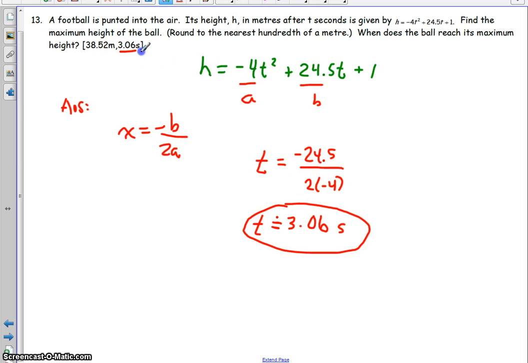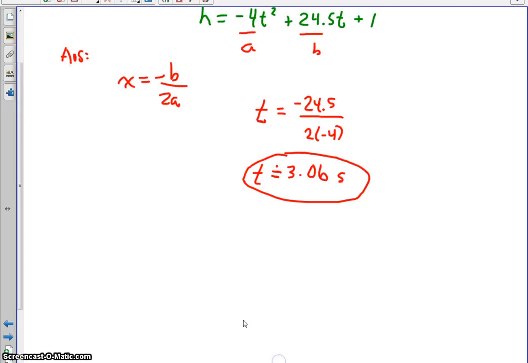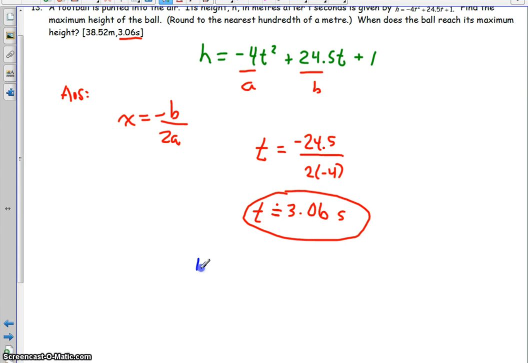Now you have to find the actual maximum height. Well, we know that's going to occur after 3.06 seconds, so you can sub that value for t into the equation and then solve for h. So h is going to be equal to negative 4 times 3.06 all squared, plus 24.5 times 3.06, all plus 1.